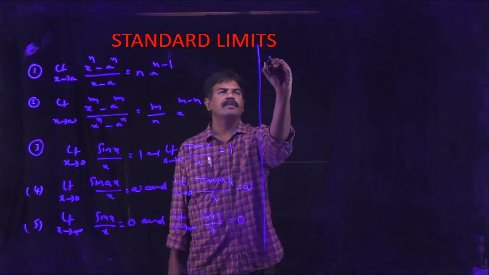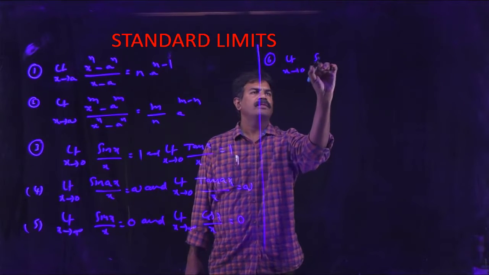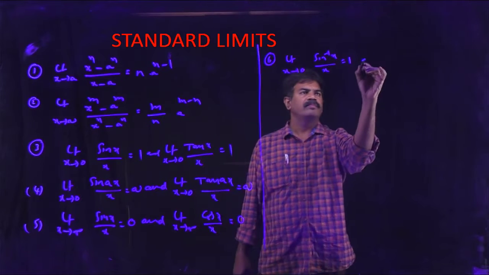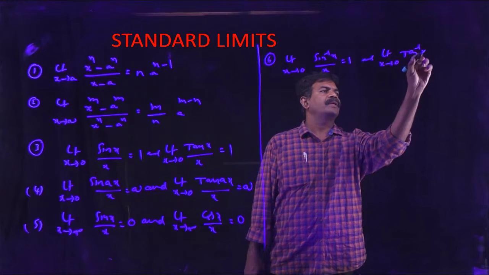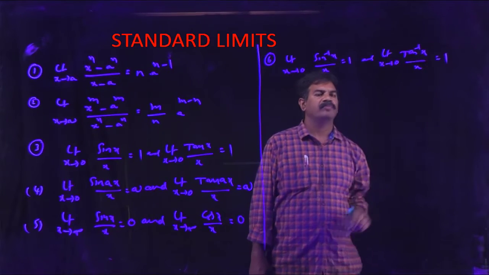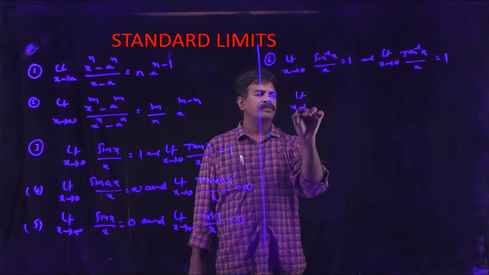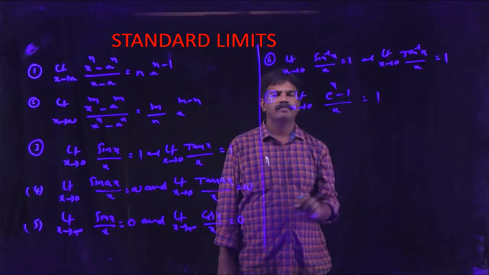Next, the sixth one is limit x tends to 0, sin inverse x by x is equal to 1, and limit x tends to 0, tan inverse x by x is equal to 1. The seventh one is limit x tends to 0, e power x minus 1 by x is equal to 1.